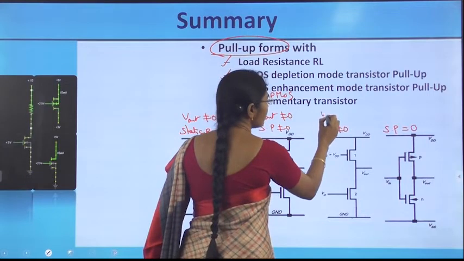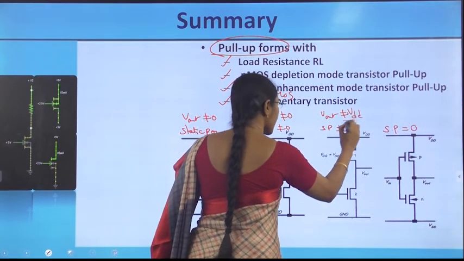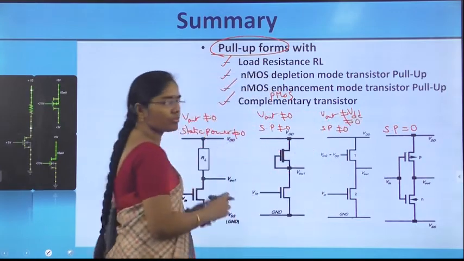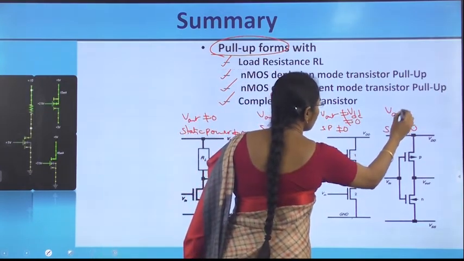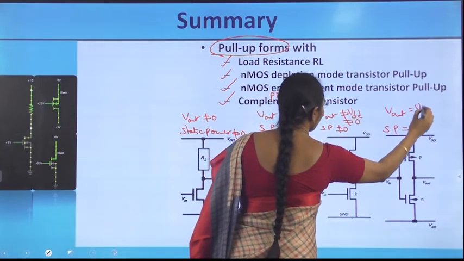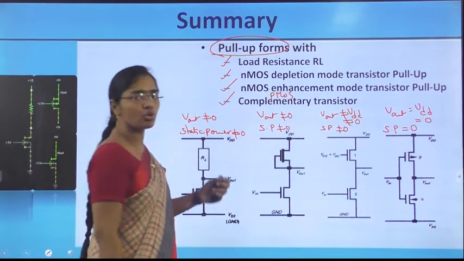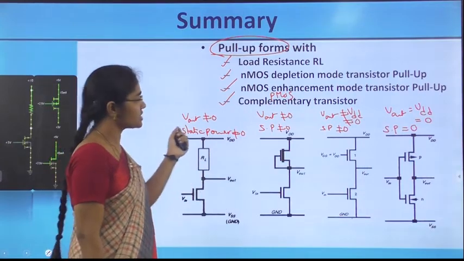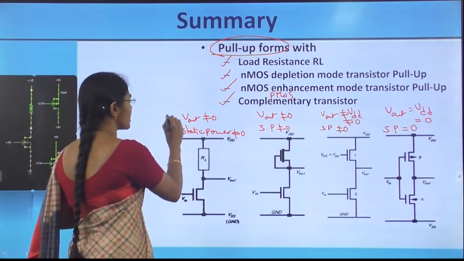Here Vout is not exactly equal to VDD and not exactly equal to 0 for the input values of 1 and 0. But in the CMOS, Vout is equal to full VDD and full 0 for the two values of the input. So this is about the logic levels, along with power dissipation.